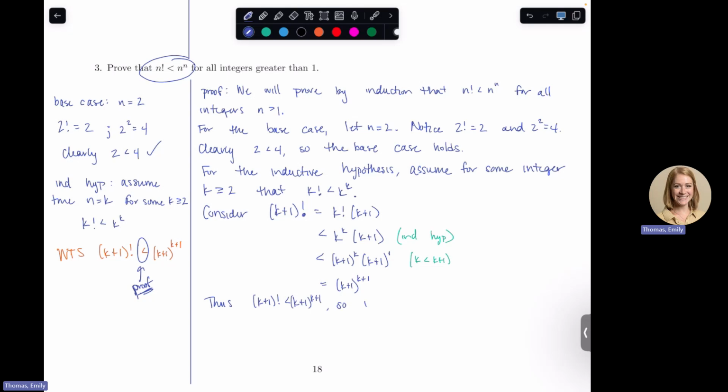So we have shown by induction that n factorial is less than n to the n for all integers n greater than or equal to 2.